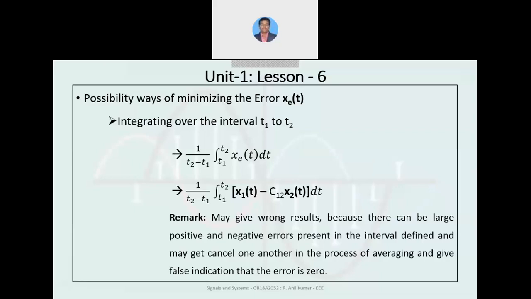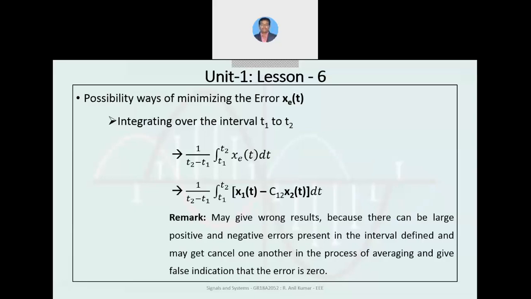But with this type of integration there may be a possibility of getting errors that are either more positive or more negative within the interval we are defining, which can cancel one another in the process of taking an average. The result may even be zero. So it is a remark that we are unable to use this integration directly.